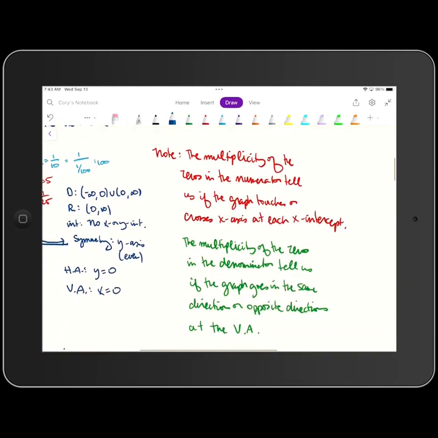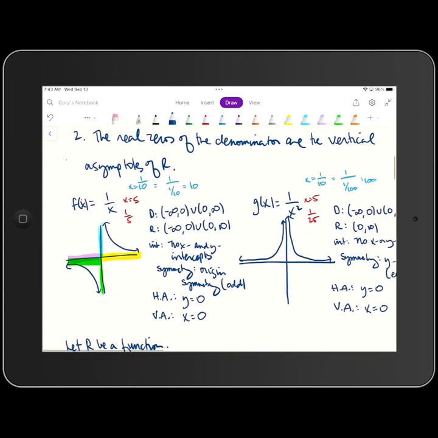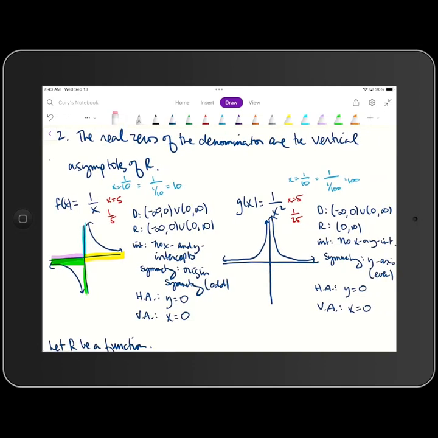The multiplicity of the zeros in the denominator tell us if the graph goes in the same direction or opposite directions at the vertical asymptote. So when I go back, I'm going to take a look at the two functions that we looked at the graph of earlier.